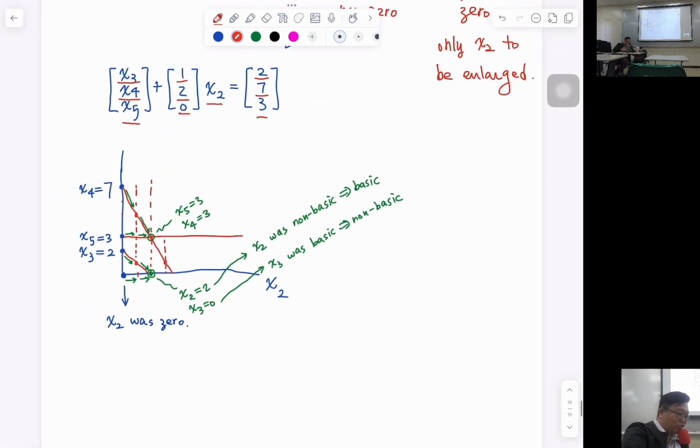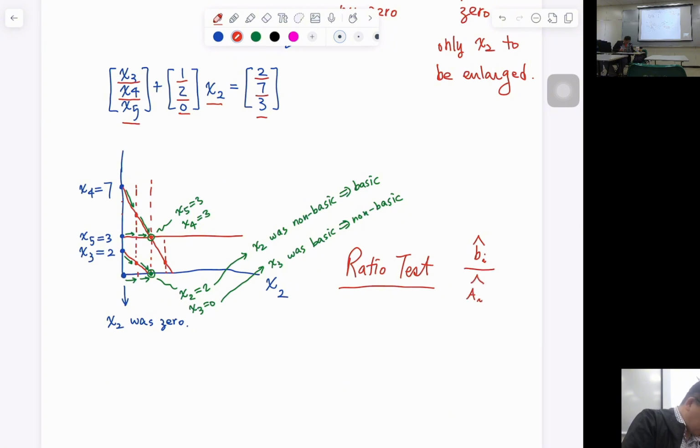So we are going to do the ratio test. In the ratio test, what we are going to do is use b_i over a_ij. What is i and j?